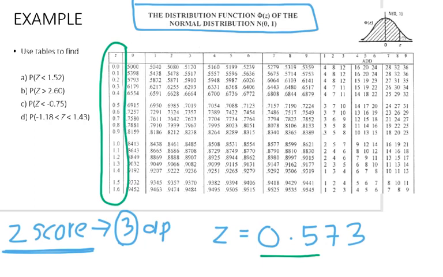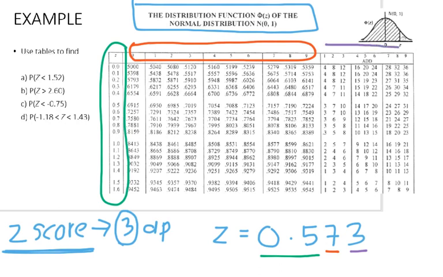For the second decimal place, always look at the first row in your table. And for the third decimal place, always look at the first row in your table, in the add column.